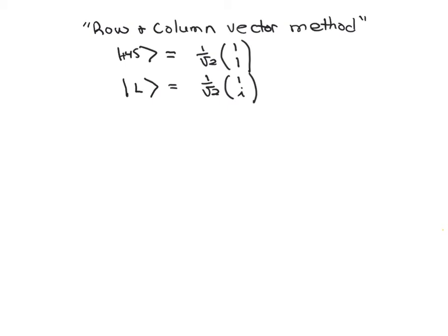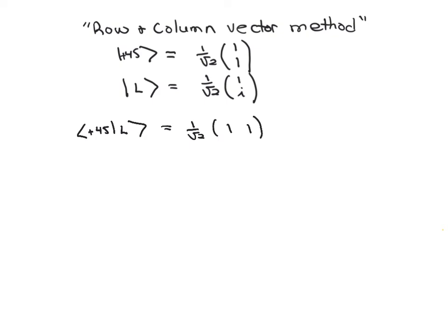So when I go to calculate the inner product plus 45 L, the way we're going to do that is the plus 45 on the left-hand side, I'm going to represent as a row vector, 1 over the square root of 2, 1, 1.